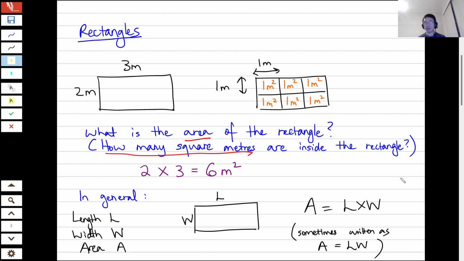For clarity's sake, I suggest you include the multiplication sign in your notes so that you're confident on what you need to do. So for any rectangle, if I tell you the length and I tell you the width, all you need to do is multiply those numbers together. And of course, you'll have to match the units given in your answer as well. So that's rectangles. That's the easiest shape to deal with.